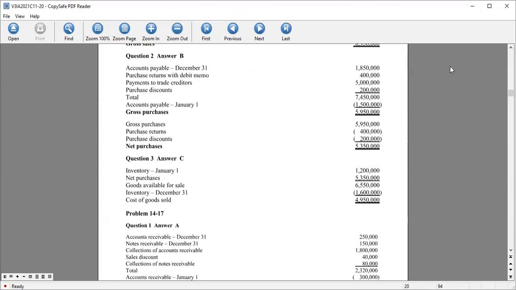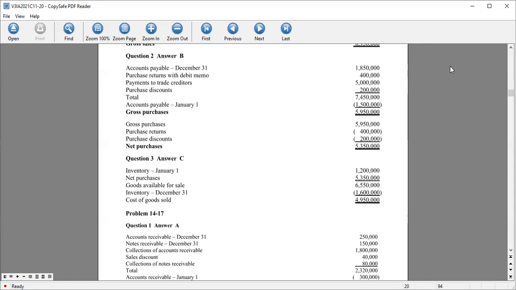Then question number 3, we have the amount under the accrual basis, what amount should be reported as cost of goods sold in number 3, whereas the answer is C, inventory beginning and net purchases.